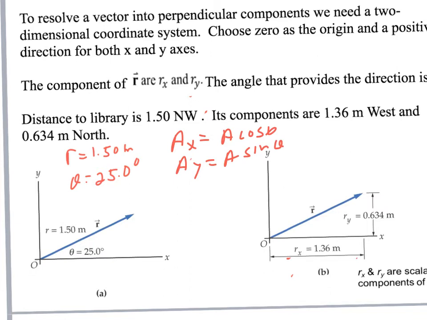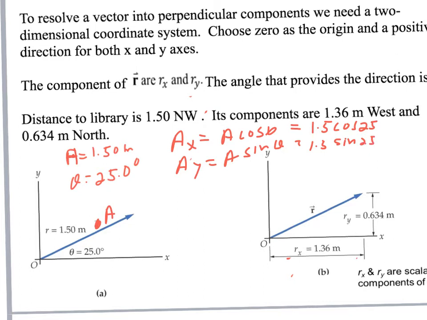Now we can go ahead and plug our numbers in because we know that a equals, I should put this as an A right there, just for consistency. We're going to make this an A since I already wrote those instead of R. So A is 1.5, and cosine of 25. And then this one here is 1.5 because that's the value of A, and the sine of our angle of 25 degrees.